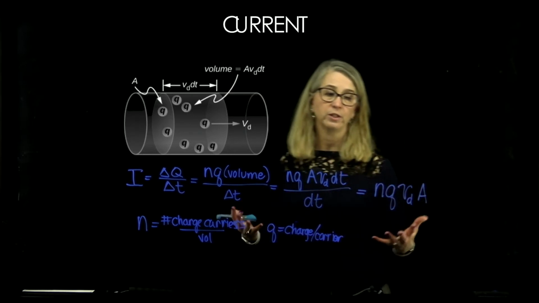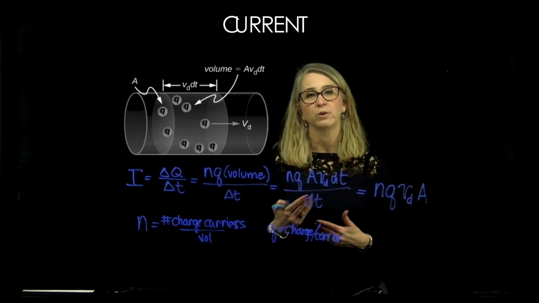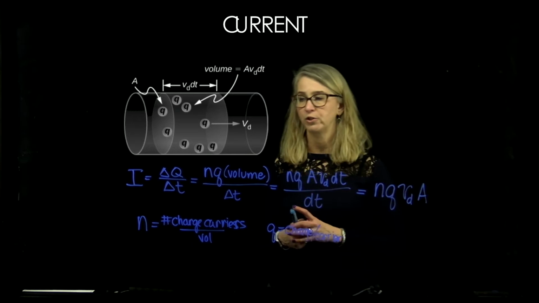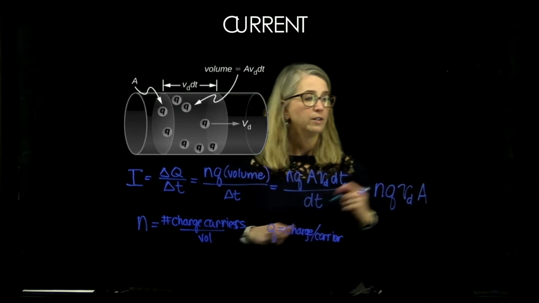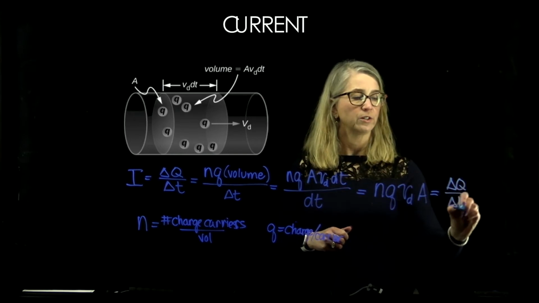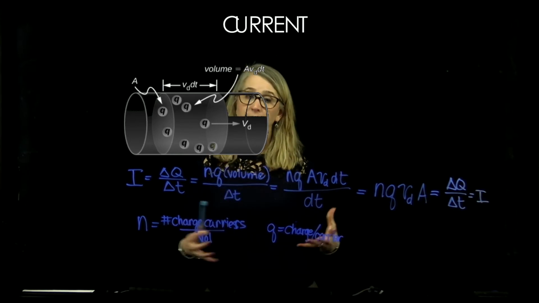This is an expression that sometimes is used when we're thinking of the atomic model of current. This absolutely is equal to delta Q over delta T, which was our first definition, but it's just a different way to express it.